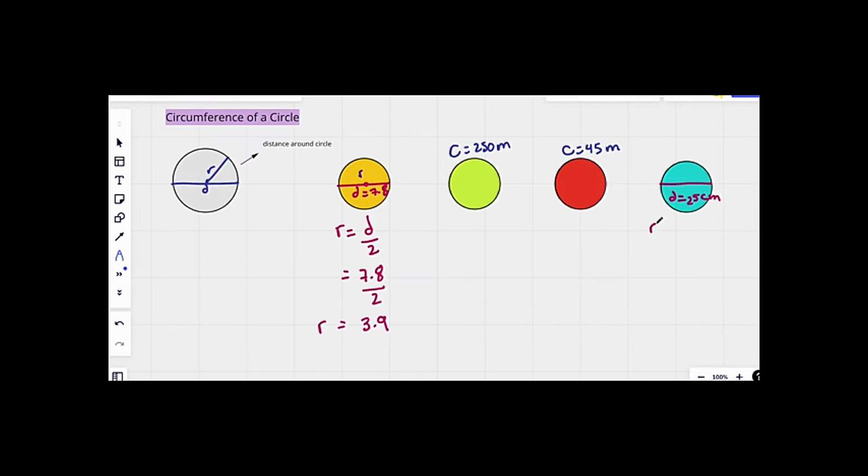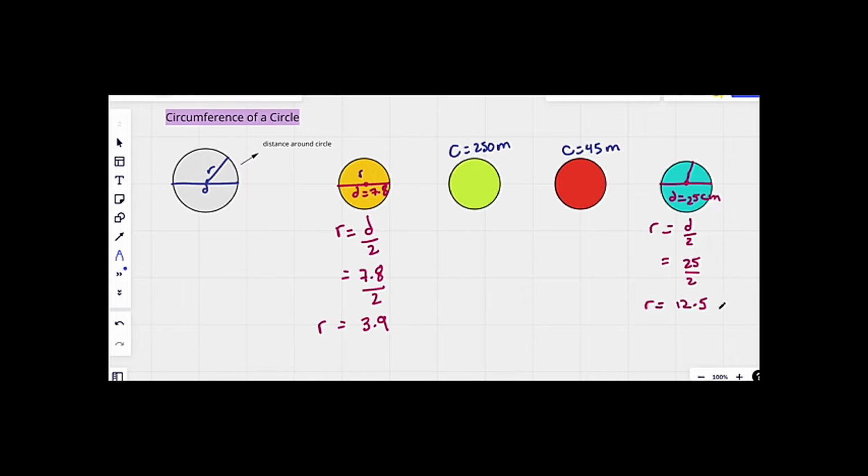Well, we said the radius is right here at the half of the diameter. So to get that, we need to grab our diameter and cut it in half. So we divide it by 2. So we've got 25 divided by 2. That means our radius then is 12.5, which is half of what we have as a diameter.